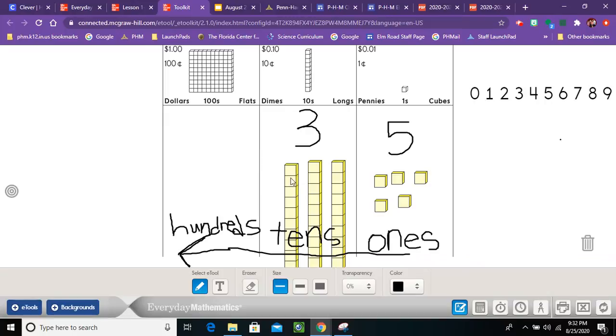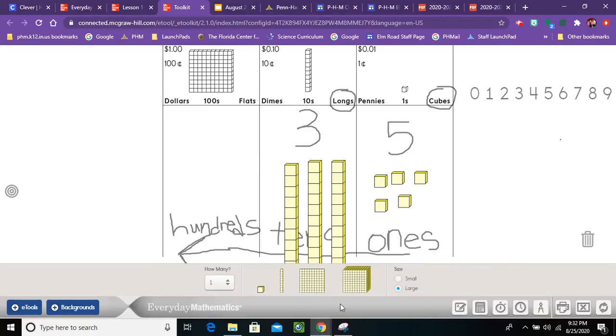Groups of 10 cubes together are called longs. You can see that written right here. These small cubes are 1 cube each. They are called cubes.